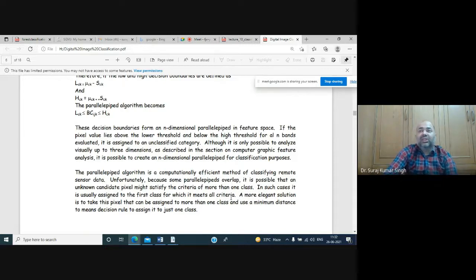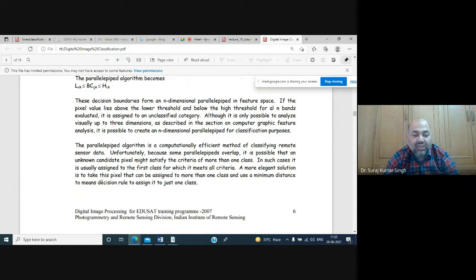So it is just like there is a confusion about which class it must go to, so whatever comes to me first, I provide to a particular class value. In the same way, it happens here also. A more elegant solution is to take the pixels that can be assigned to more than one class and use the minimum distance to mean decision rule to assign just one class.